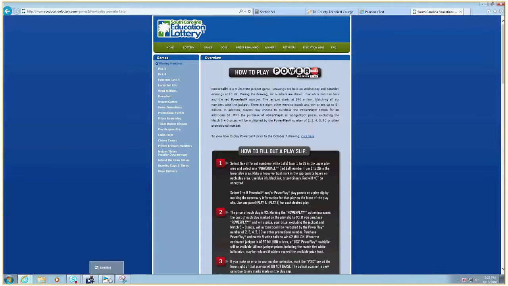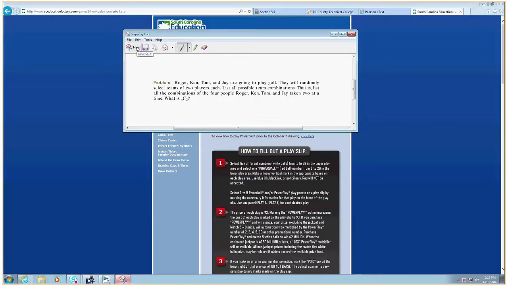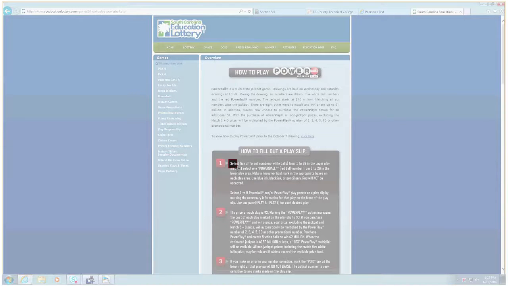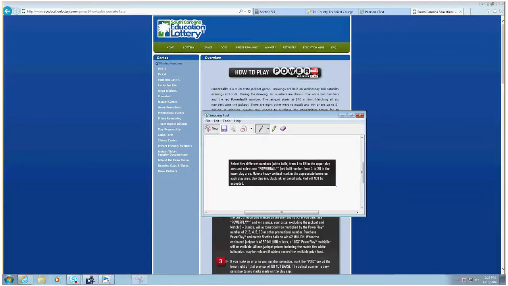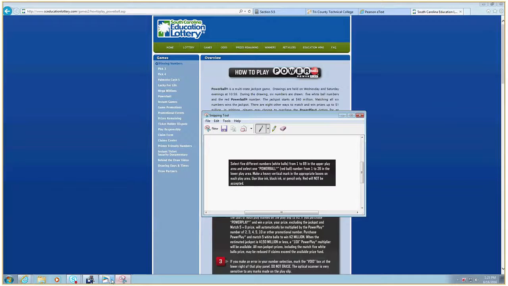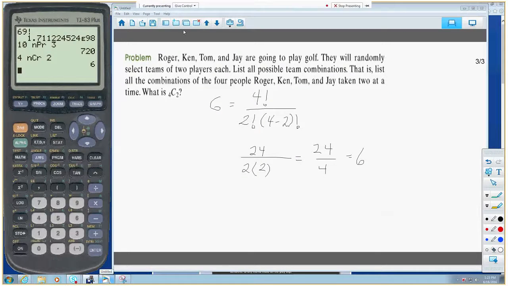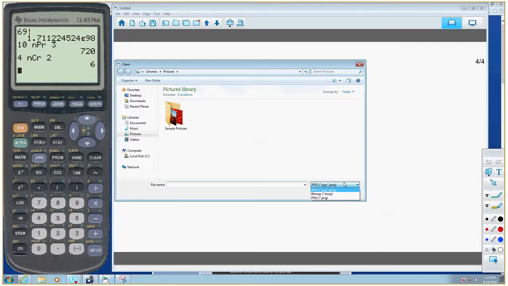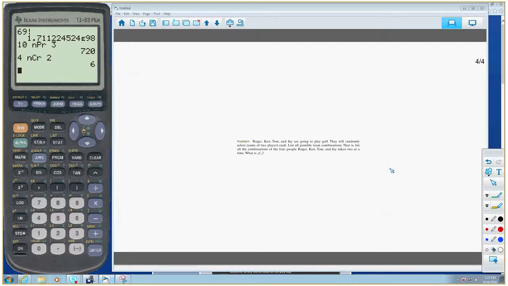And then we're going to take our handy dandy snipping tool and pull up our handy dandy whiteboard.